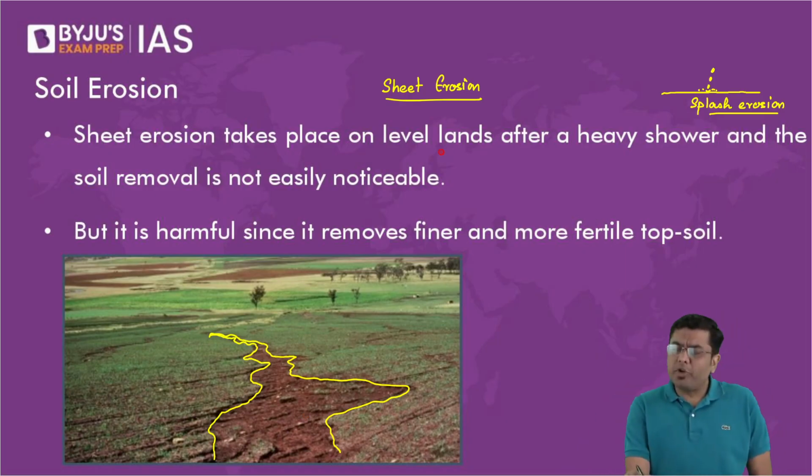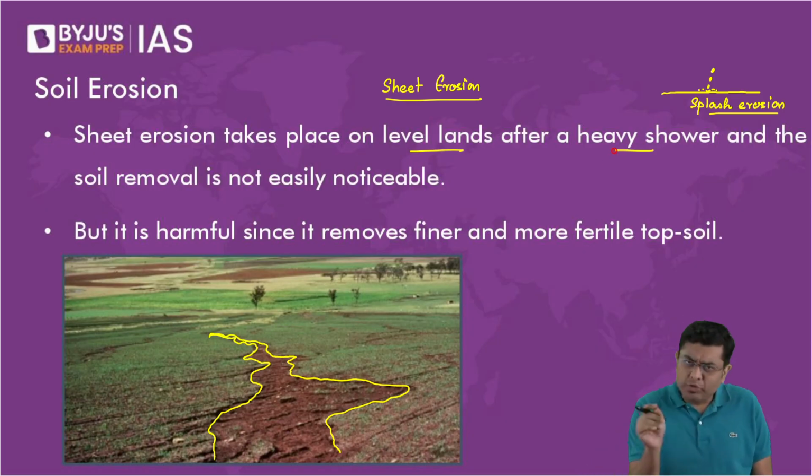It takes place on a kind of level land where the slope is not very high. On level land, after a heavy shower, the soil removal is not even readily noticeable. That is how thin layers of soil get removed.